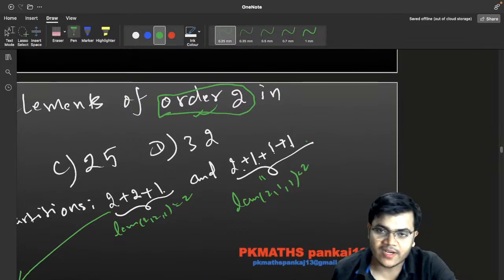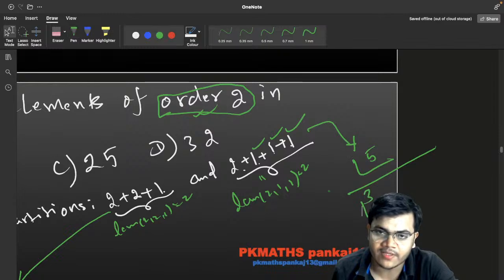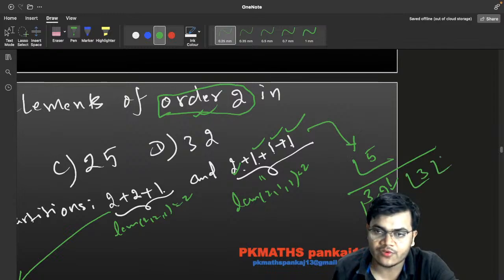What about this one? Once again factorial 5, and thereafter you can see 1 is repeated 3 times, so we will write 1 to the power 3, and 2 is repeated 1 time, so 2 to the power 1. Alpha 1 is 3, alpha 2 is 1, so factorial 3 into factorial 1.